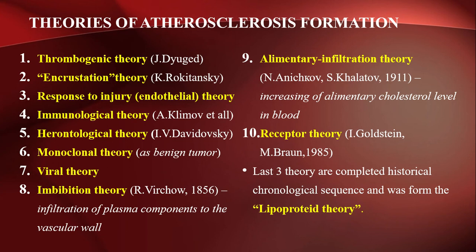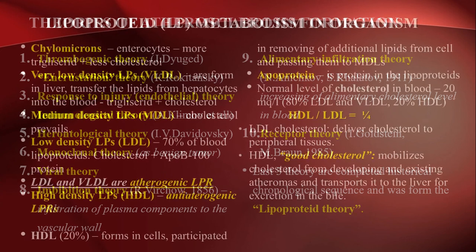It means infiltration of plasma components into the vascular wall. Then the alimentary infiltration theory by Anichkov and Khalatov, increasing of alimentary cholesterol level in blood, the receptor theory, and the last three theories completed the historical chronological sequence and formed the lipoprotein theory.